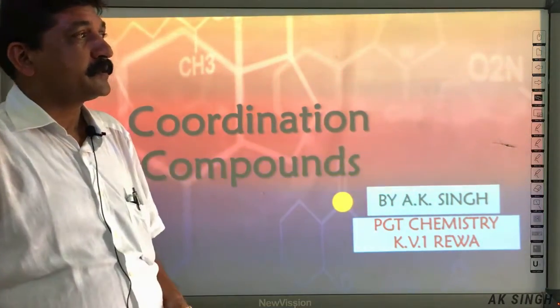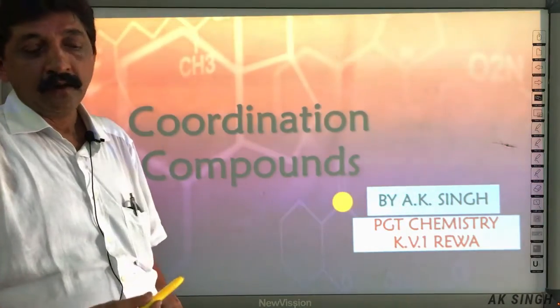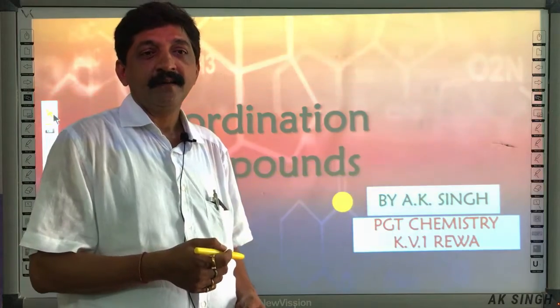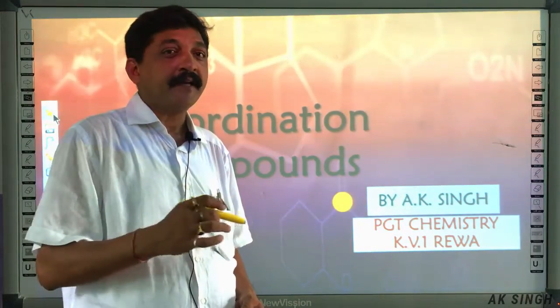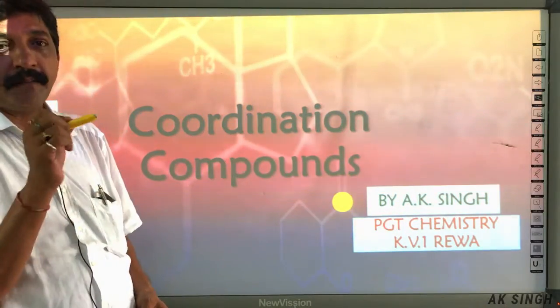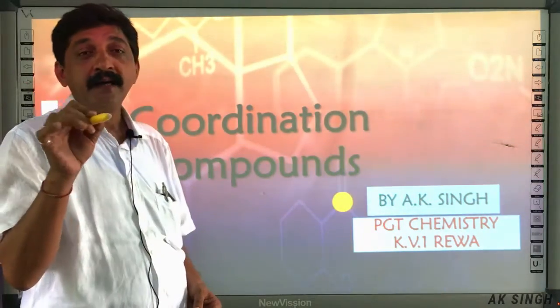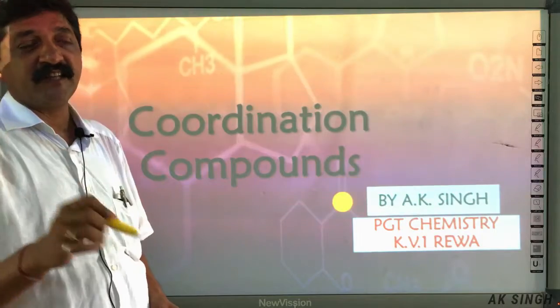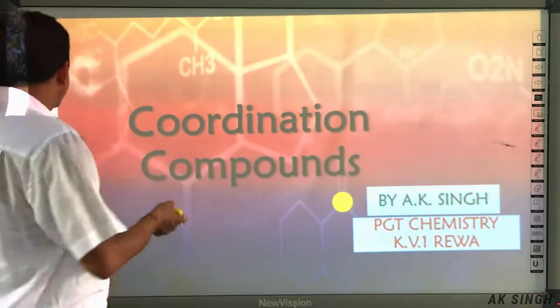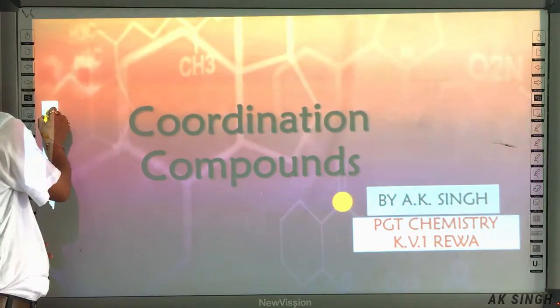Now, to start this chapter, we have to remind the previous chapter, d block elements, because these compounds are formed by the d block elements, the transition elements, what we have studied in the previous class.